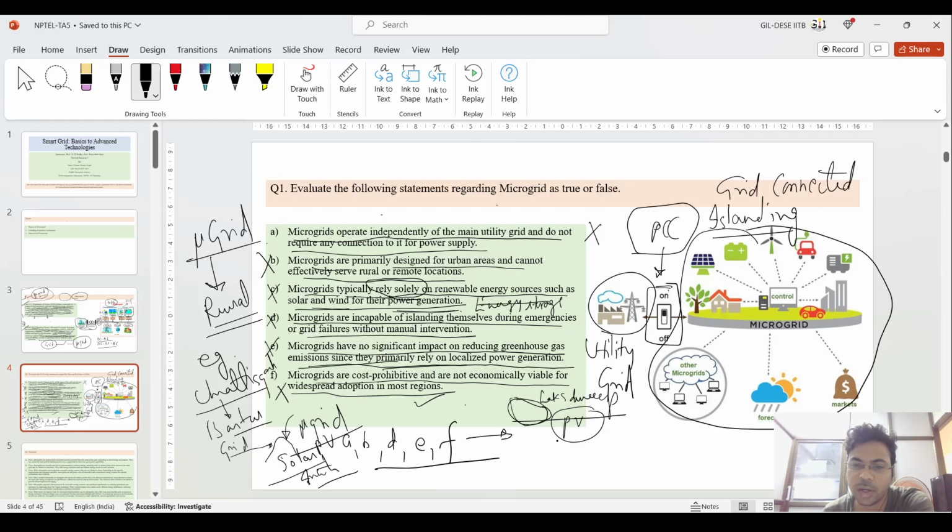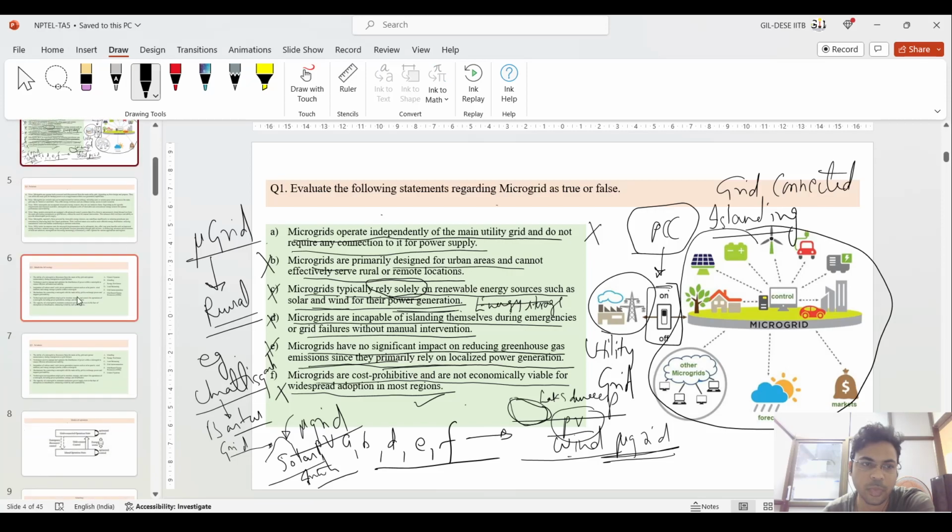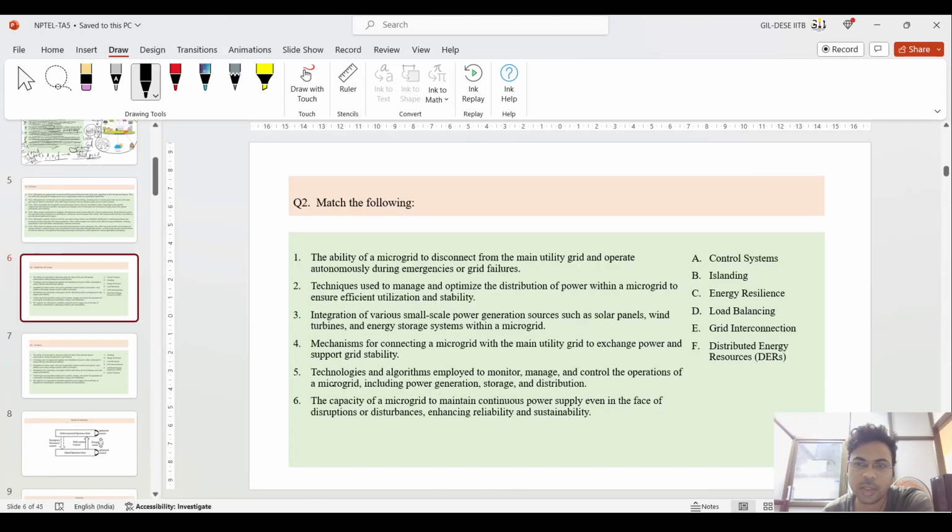At that location, you can set up PV based solar power plants to generate electricity, and you can also install wind because the potential of wind is there, onshore and offshore. So this microgrid setup can be useful at remote locations. So these are the solutions of this problem.